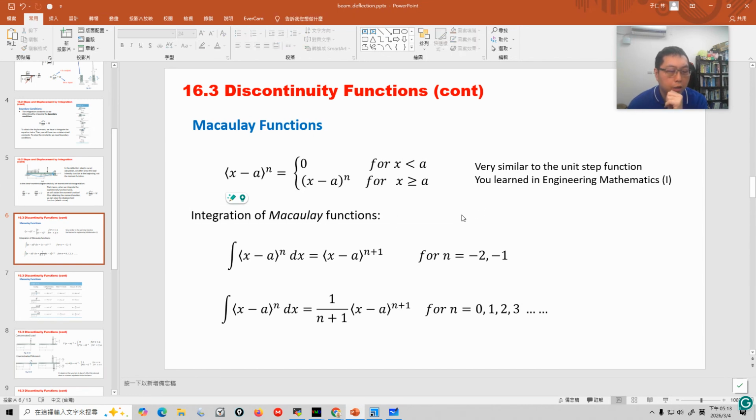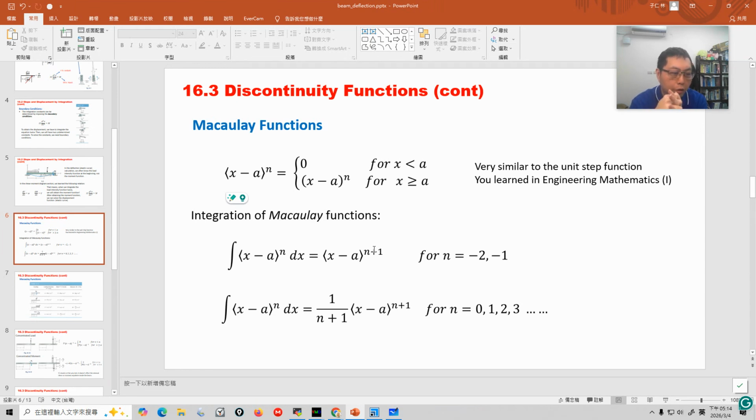Now the following is the integration rule for the discontinuity function. When trying to solve this problem, we need to do lots of integration, so here I will show you the integration rule for the discontinuity function.